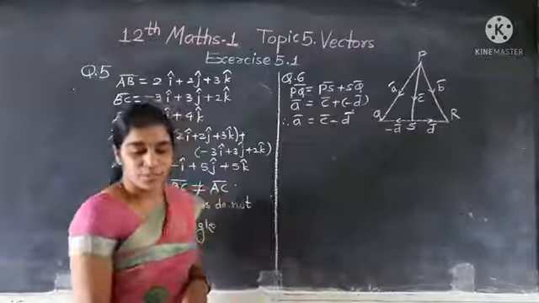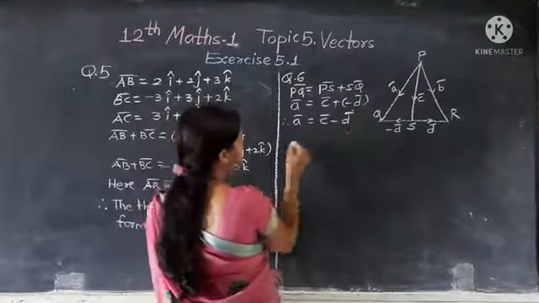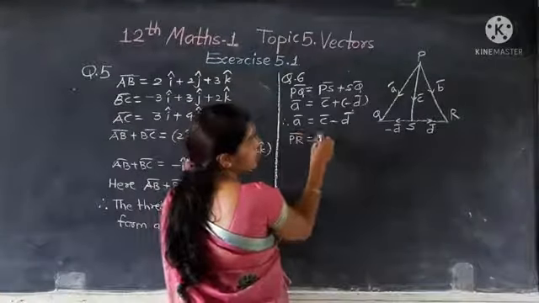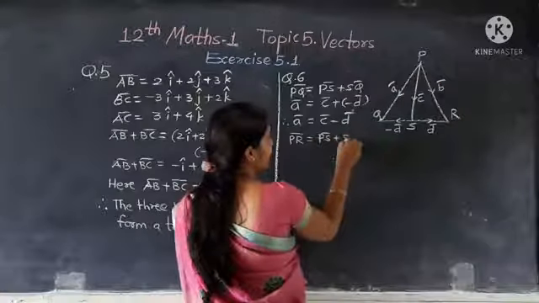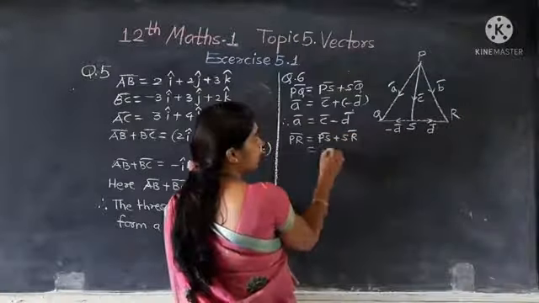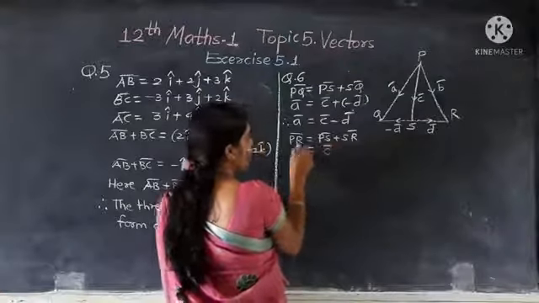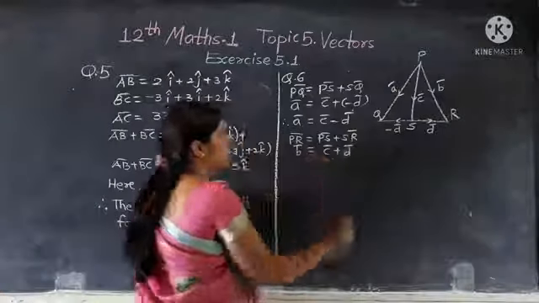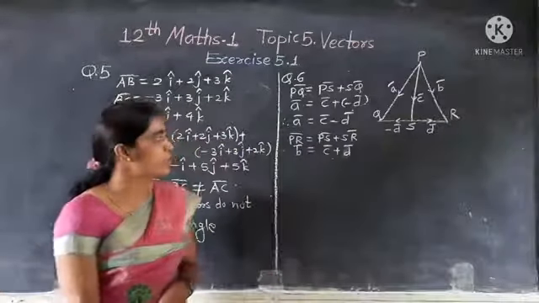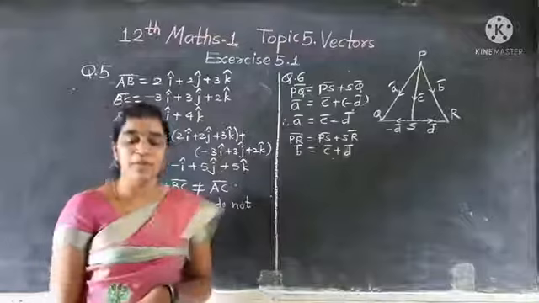Okay. Next, we find PR bar. PR bar is equal to PS bar plus SR bar. PS means C bar, and it is plus D bar. Okay, we get A bar is equal to C bar minus B bar and B bar is equal to C bar plus D bar.